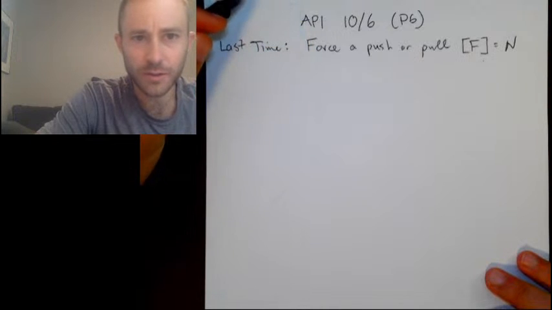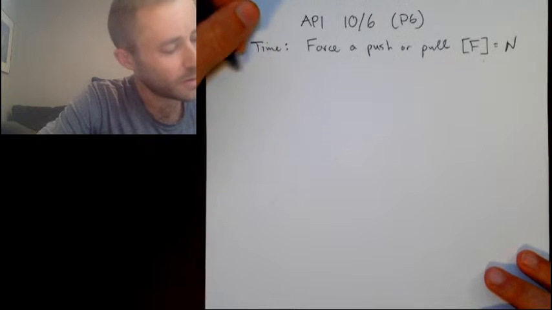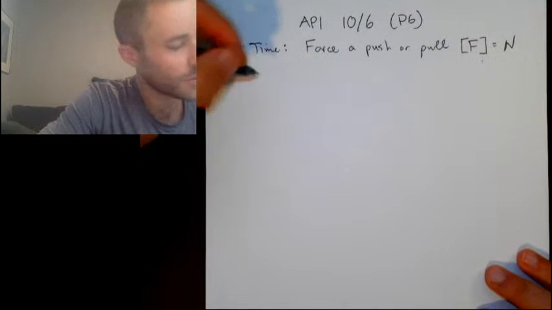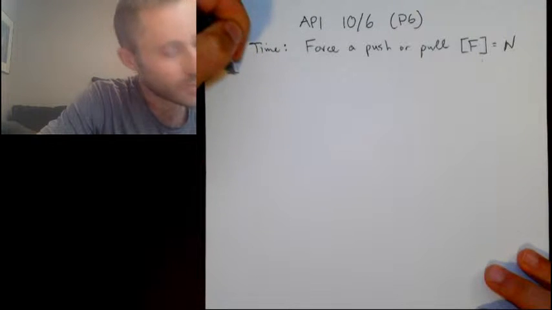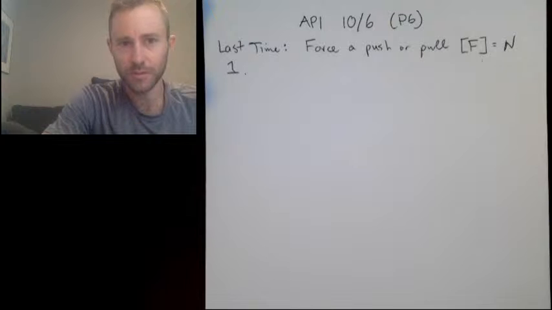And so once I defined what a force is, or what a force does, we then talked about Newton's 3 laws of motion. So the first law of motion was the one that said objects in motion stay in motion, objects at rest stay at rest.